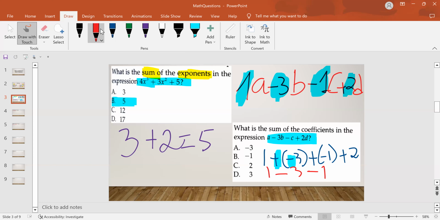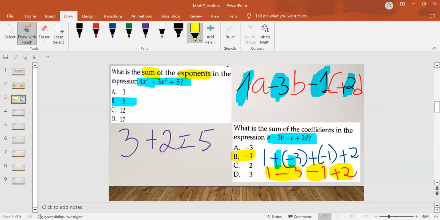And we have -1 plus 2. If you combine 1 and -3, that gives you -2. And -2 minus 1 is -3. And -3 plus 2 is -1. Therefore, the sum here is -1, and B is the best choice.